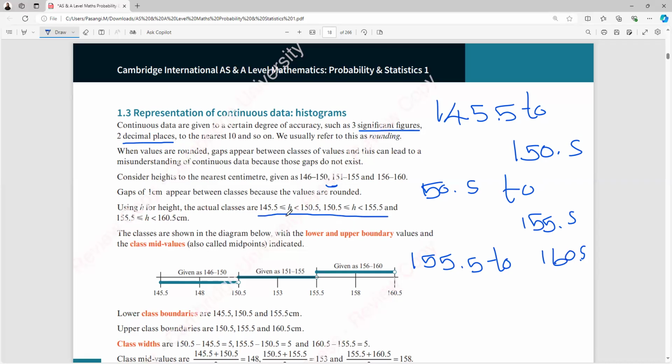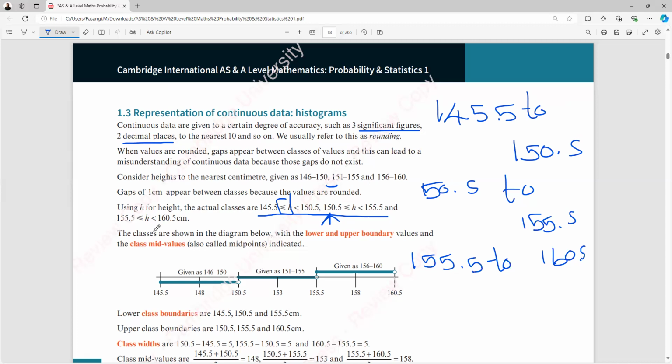But remember, the less than or equal to values always come in the first part. This 145 value is included here, but 150.5 is not included in this class. If a value of 150.5 does appear, it will be included in the second class interval. Remember that well, because when adding to both sides, most people sometimes make mistakes there.